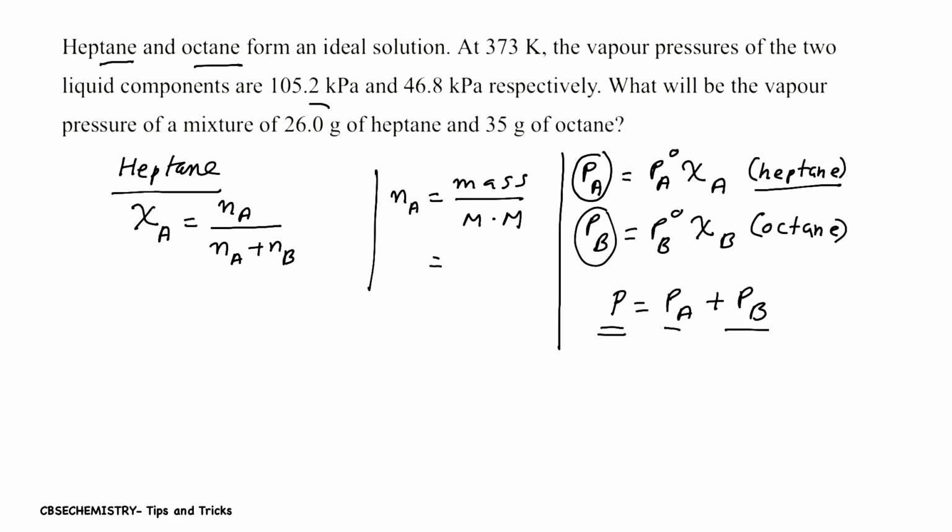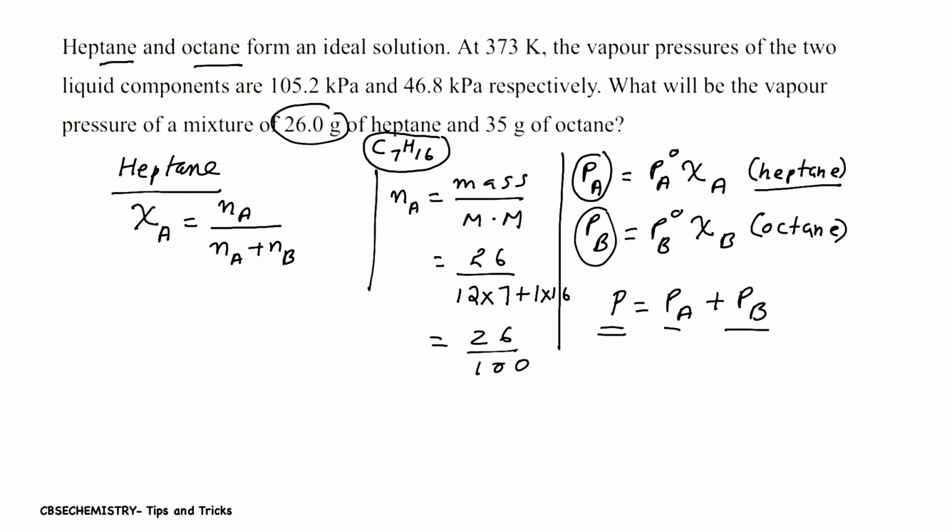Mass is given, right? 26. How to find molar mass? See, heptane means C7H16. So what is that? 12 into 7 plus carbon atomic mass is 12. 7 carbon is there. So into 7 plus 1 into 16. Right? So on adding, what you will get? You will get 100. Hope you understand.